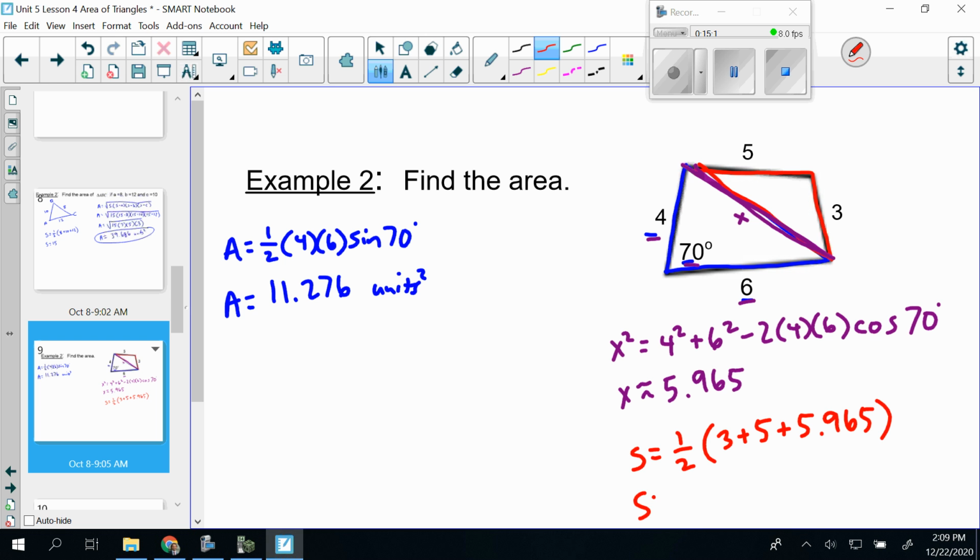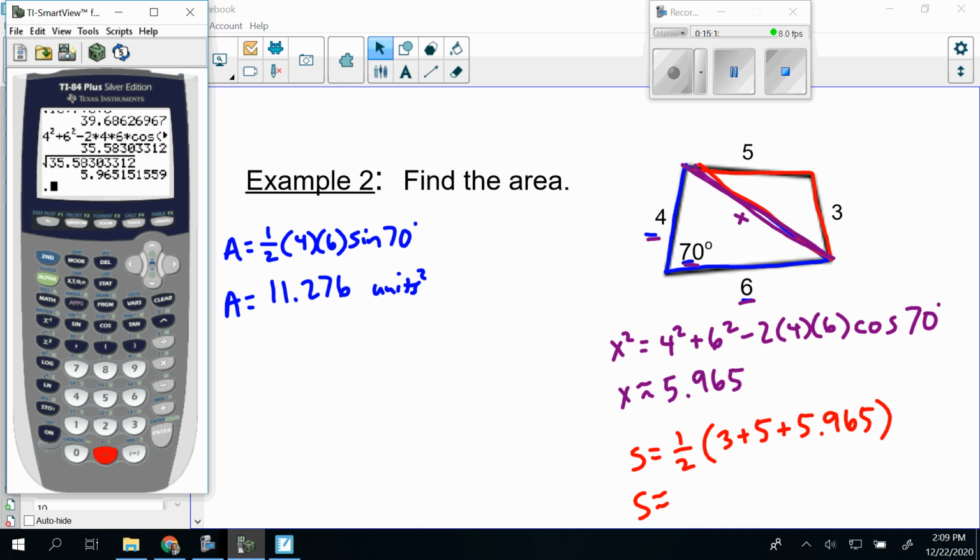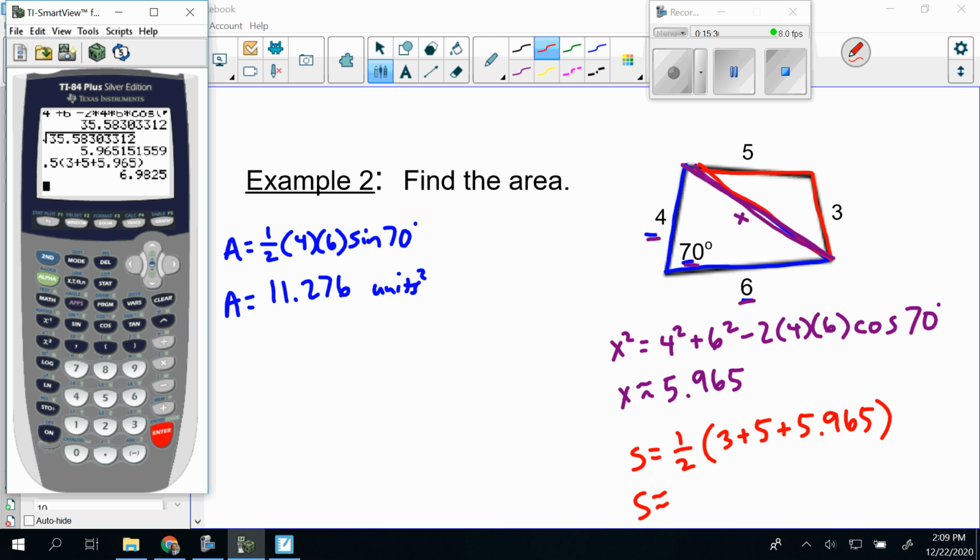So let's put that in the calculator. We got 0.5 times 3 plus 5 plus 5.965. So there's our S value. It's about 6.983.